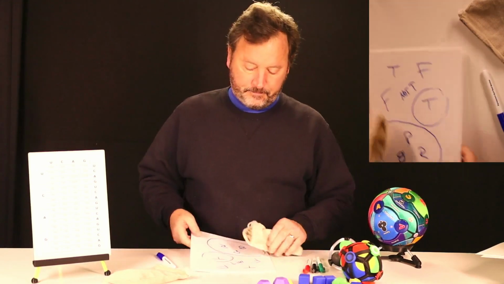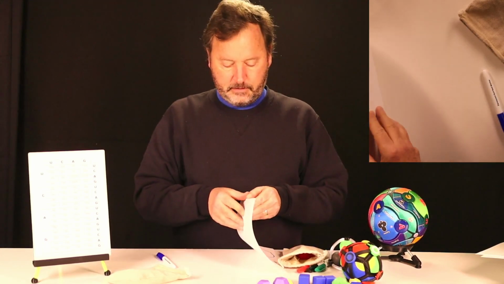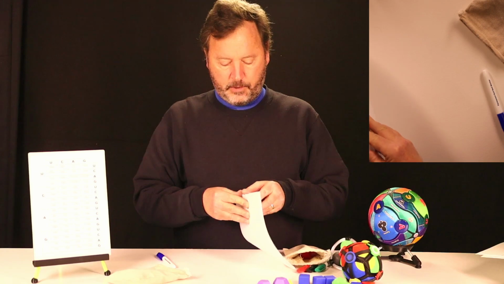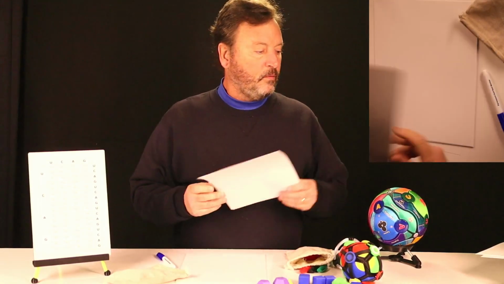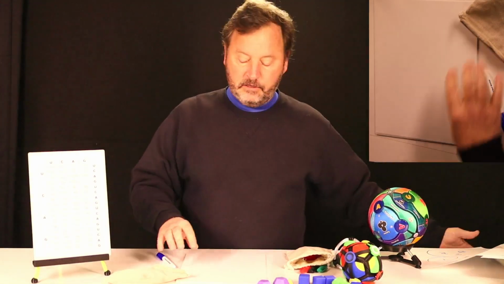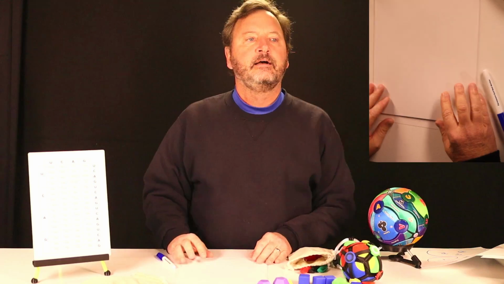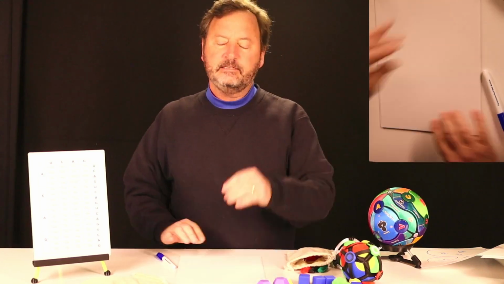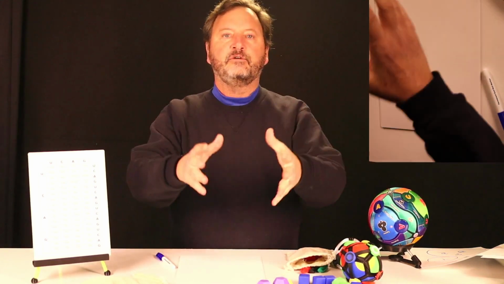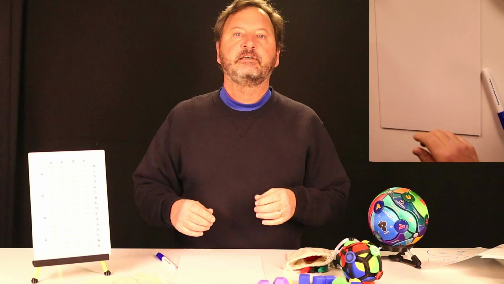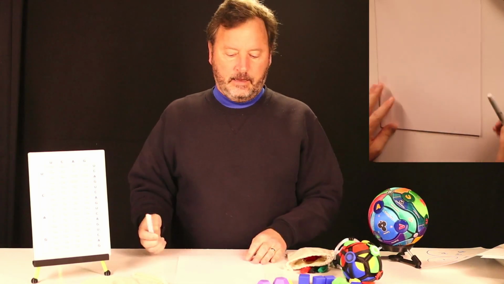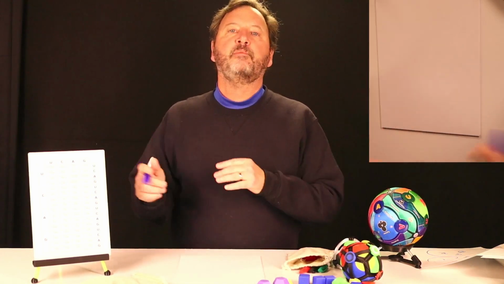Now when it comes to computer programming, we can use these kinds of ideas. This is how I think in terms of writing a computer program. So information comes in sets. We have inputs and outputs.